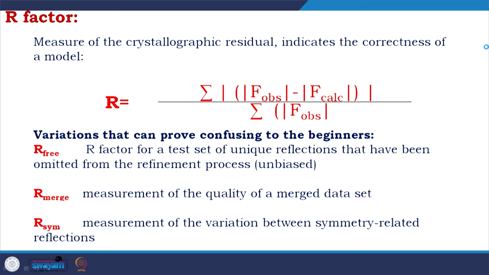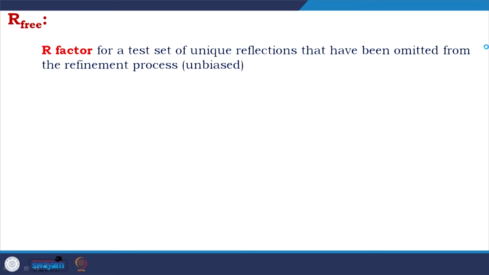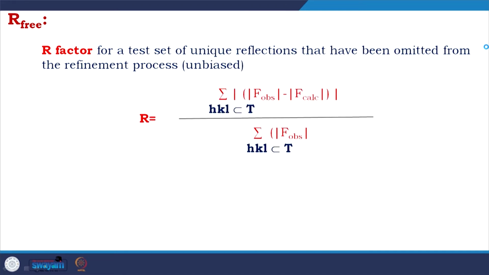Okay. So, what you have to remember is definitely R work and R free, but you just remember two terms, R merge and R sim. Merge is merging different data sets, sim is having a symmetry present. So, R free, the R factor for a test set of unique reflections that have been omitted from the refinement process. I already talked about that.